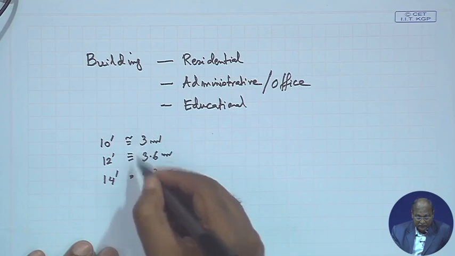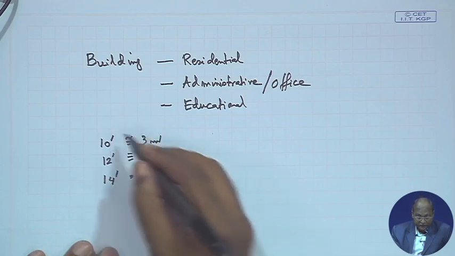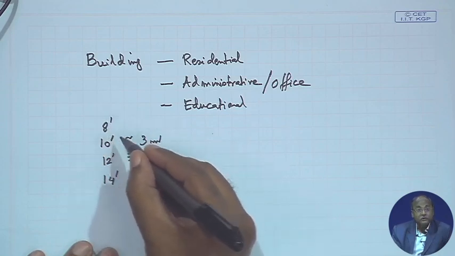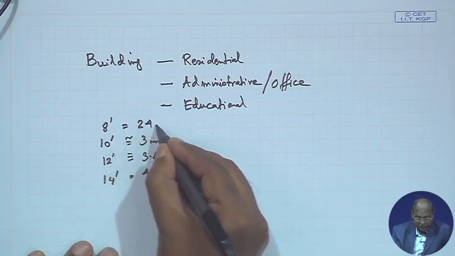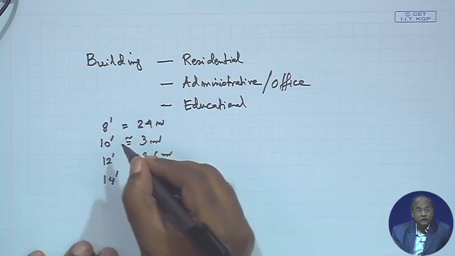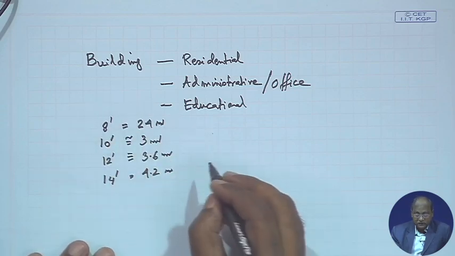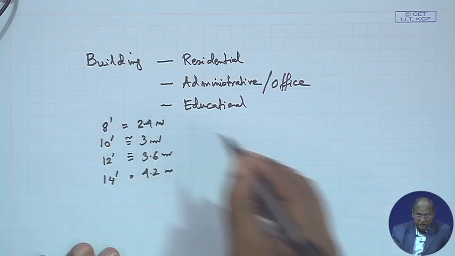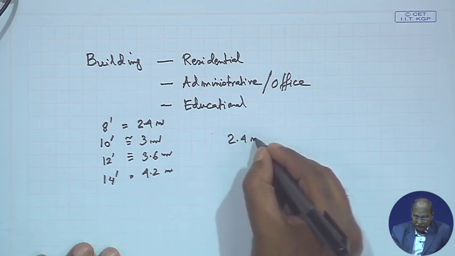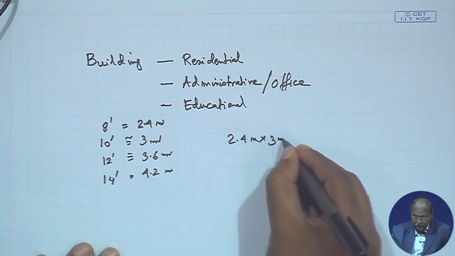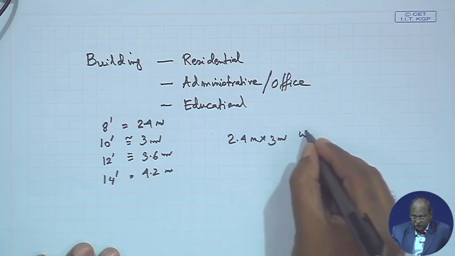Then 8 feet, because in washrooms and other places you will find 2.4 meter, and in a residential building the washroom dimension is something like 2.4 meter into 3 meter.